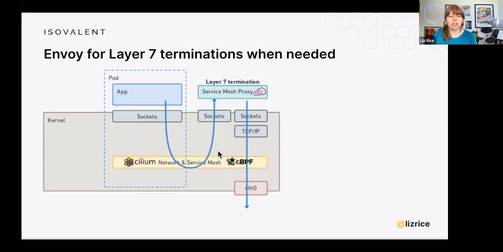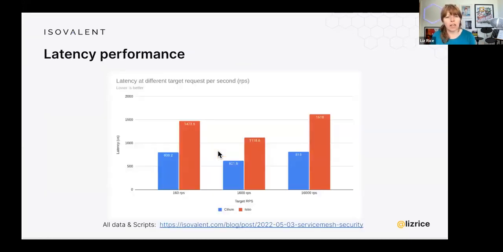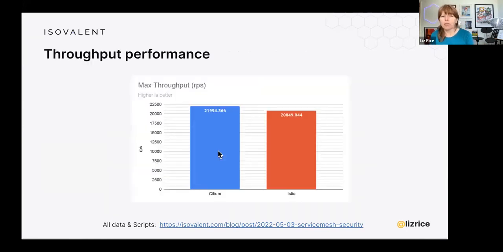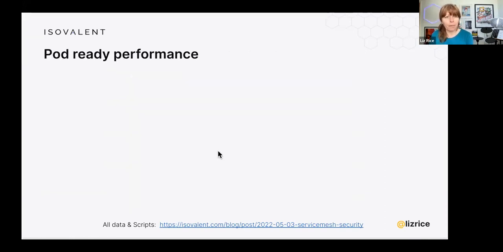So I've got a couple of slides of some of the performance measurements that I mentioned. We see latency roughly halved, which is what you'd expect because of the route that packets need to take. Throughput performance is very similar, slightly better, but very similar.